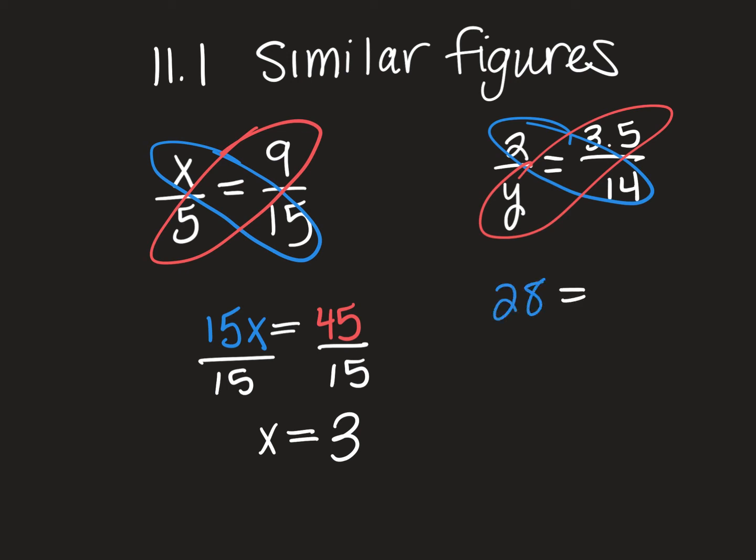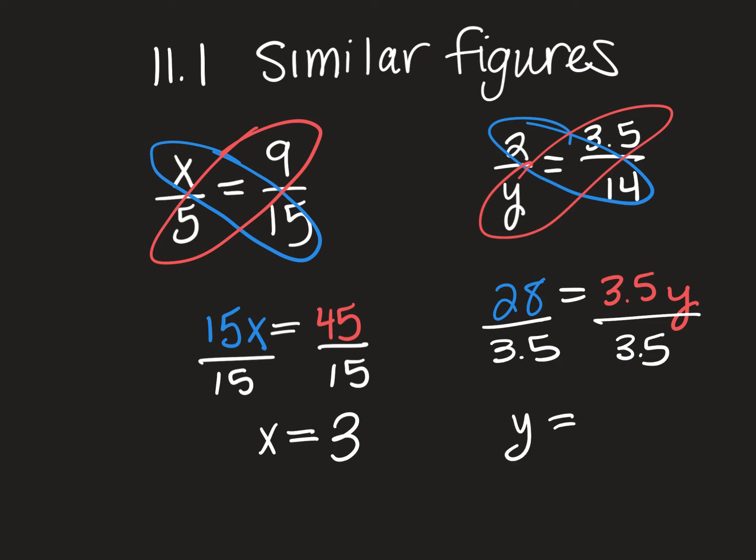And y times 3.5 would just be 3.5y. Remember, your variable always goes after your number. We're going to solve now. Divide by 3.5 on both sides. So y is going to be equal to 8. Again, you can use a calculator or a calculator app since we're home to do some of these more interesting divisions, or if you want to work them out by hand, that is perfectly fine as well.